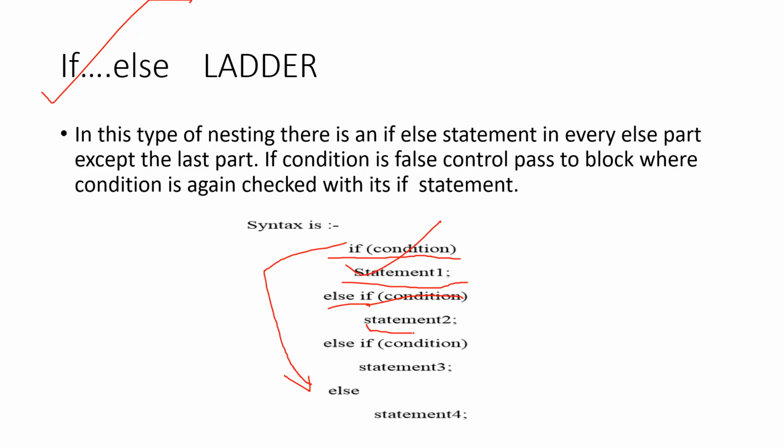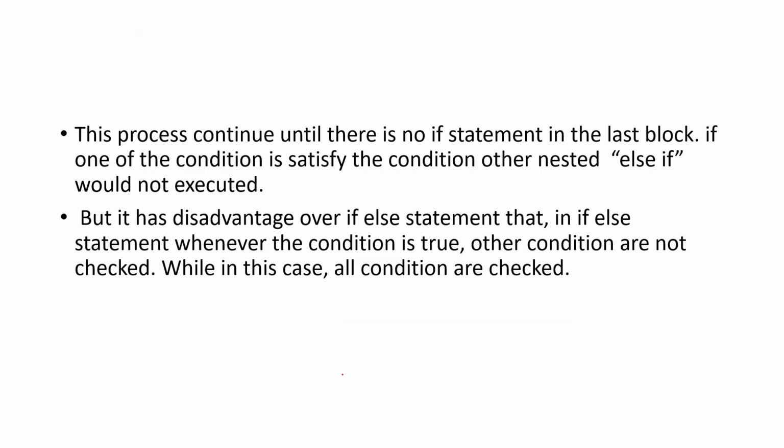Then it checks the condition: if true, execute this; otherwise, it goes to the else part of this if, and this if has a condition, and so on. This is connected to this, connected to this, and this connected to this.